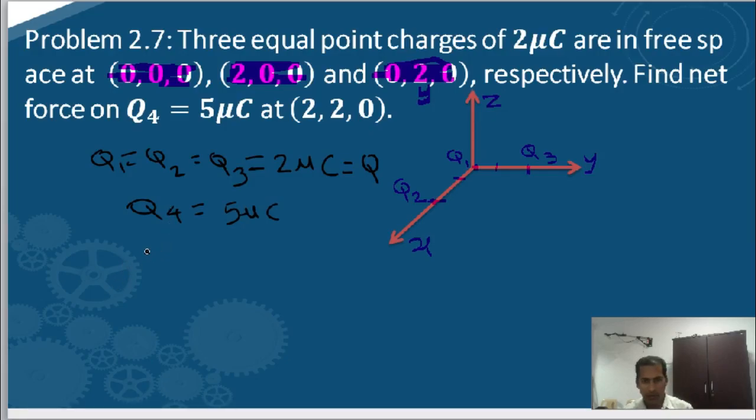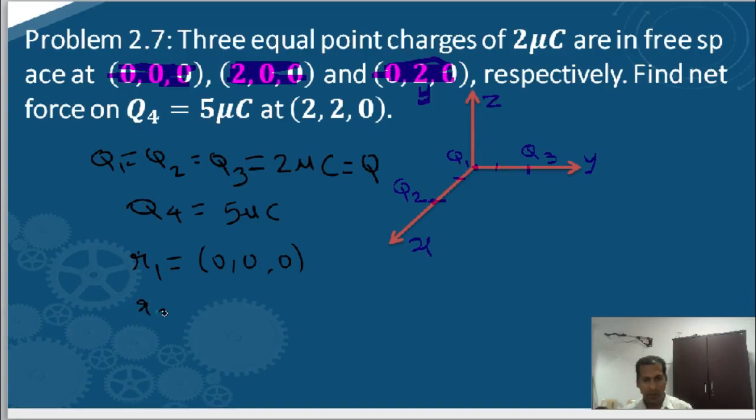So we have to find out the destination and source points. So for source points and destination points, considering R1, the points are at origin. So it is 0, 0, 0.